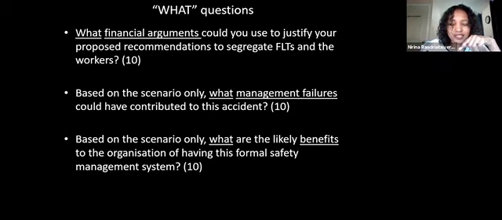So you need to read it as a whole, but I didn't copy and paste the entire question. Here again, I just want to show you the question is clear. It's a what question. What do we need? We need to talk about benefits. So what are the benefits of having a formal safety management system just like ISO 45001? That is based on the scenario only, and you need to provide 10 different benefits. Now, that's the what question.